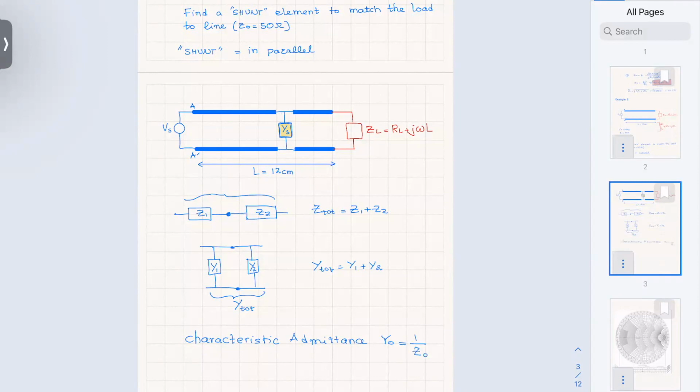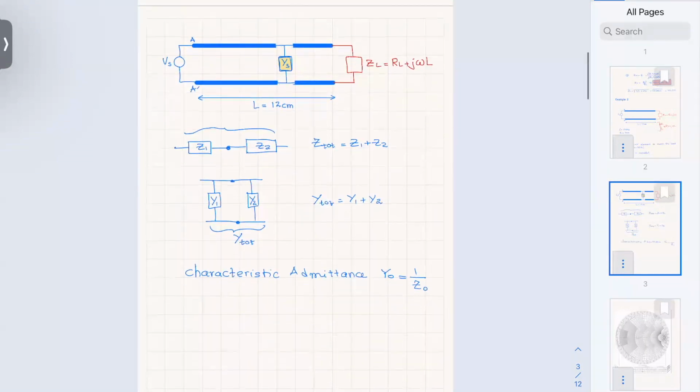And therefore, any normalized admittance, say I will call it YS normalized, is going to be the real admittance divided by Y0. See? It's the same thing we do for characteristic impedances.